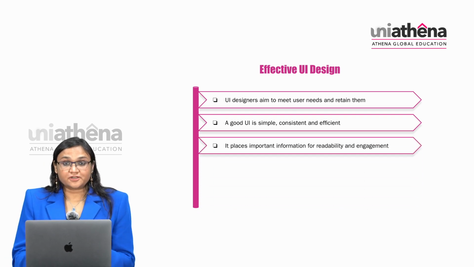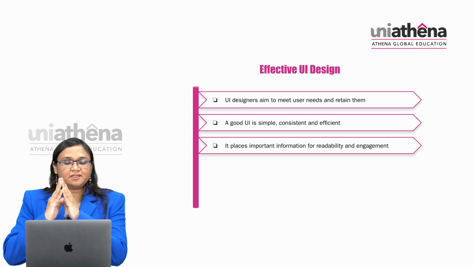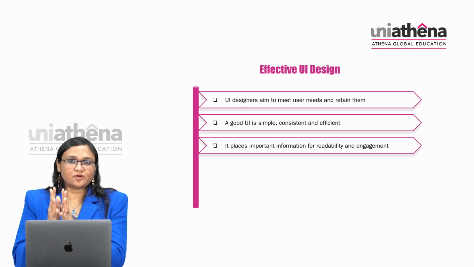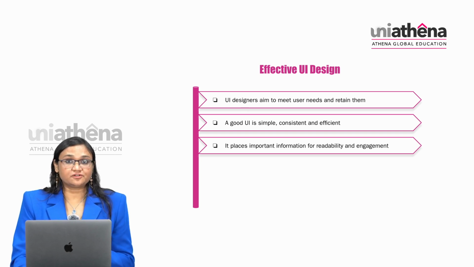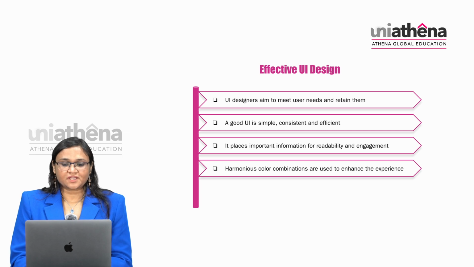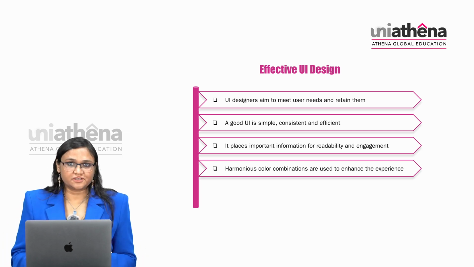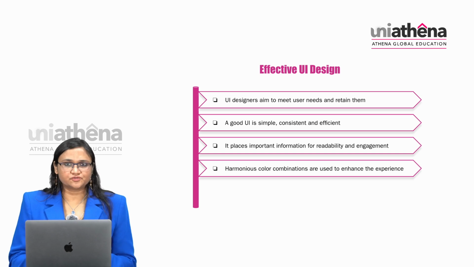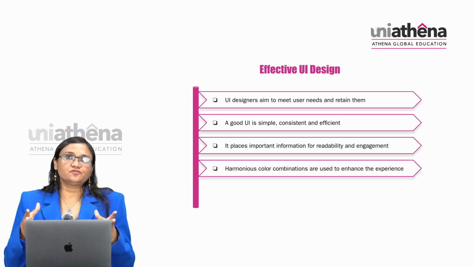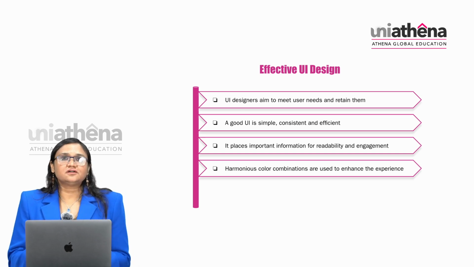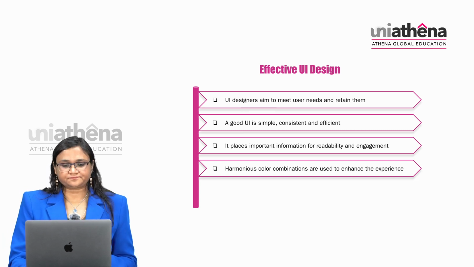It places important information in prominent areas, and makes the information readable and engaging. Color combinations are not gaudy, but harmonious, depending on what kind of app you're using. You can use variations. On food apps, you usually use colors like red or orange, but on a meditation app, you will use subtle colors.